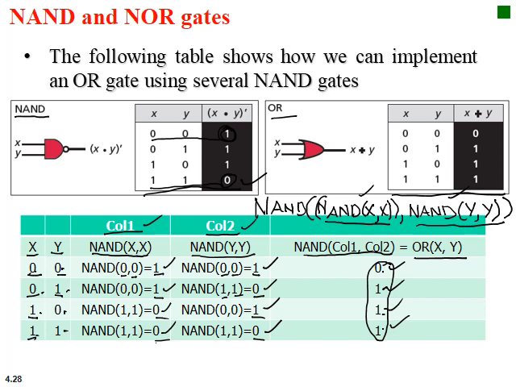So there you can see it looks awfully complex now, but we basically only used a combination of 3 NAND gates, and our normal inputs of X and Y, to actually simulate the same output of the OR function.